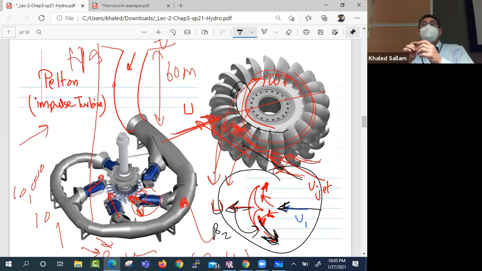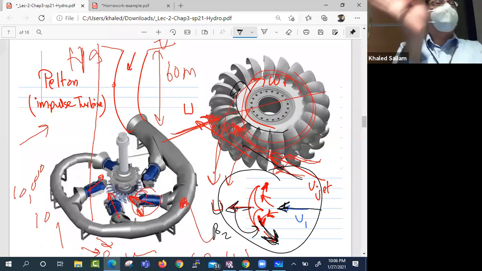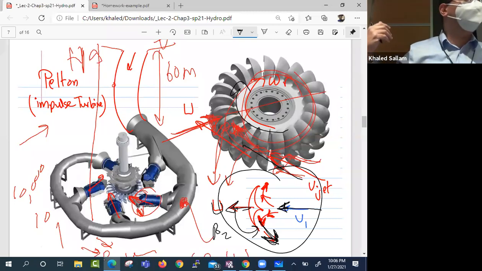But there is a problem with this scenario, because if I shoot this pin, it can come back. But if I shoot a lot of pins on you, there is no chance for them to come back because they are in the way of the incoming ones. So ideally, you want beta to be 180, but practically speaking, you can't. You have to let it leave with a little bit of angle so that it can get out of the way of the ones coming.